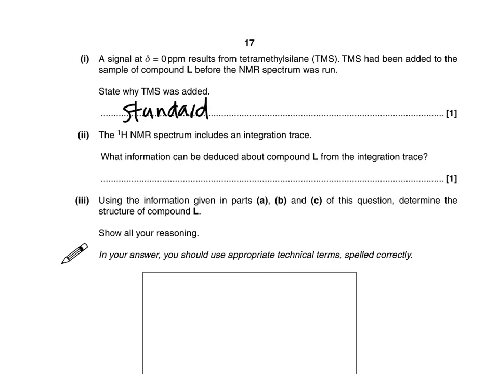So we include an integration trace. The integration is the area under the curve, is perhaps how I've been talking about it. It gives you the relative number of hydrogens in each environment. I'm not going to write this out, I'm afraid, so have a look at the mark scheme if you want to see it written.